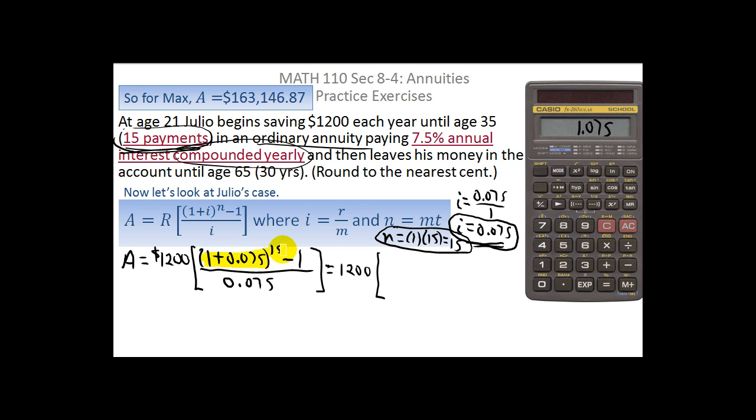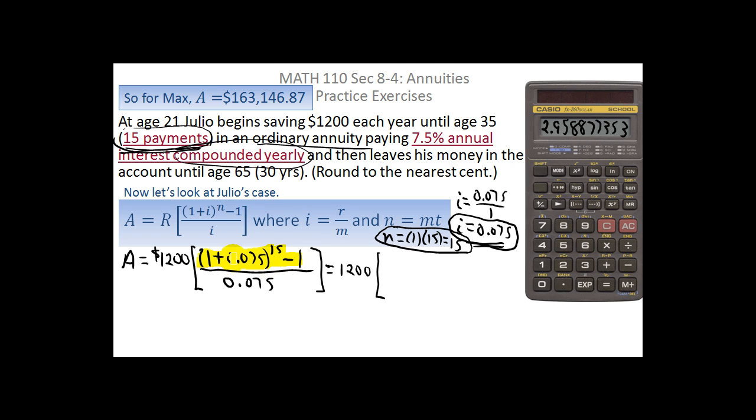Next I want to raise that base to a power of 15. Since the base is already in the calculator, I use the power button next to the y and put the power in as 15 and hit equals, which gives me 2.958877353.